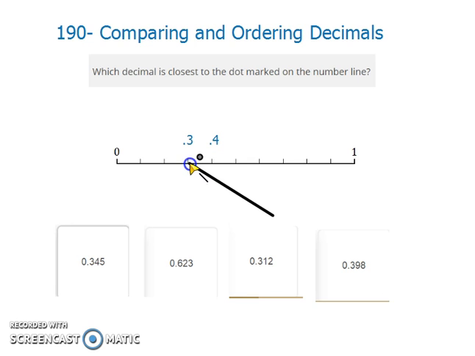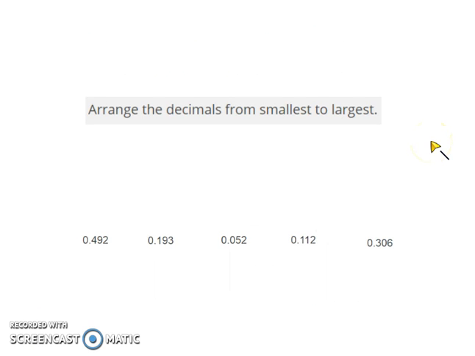So that would be just about here. Whereas 0.345 would nearly be in the middle, just a little bit to the left side of it. Okay, so that's where our dot is. So that would be our answer. Our dot lies at 0.345.